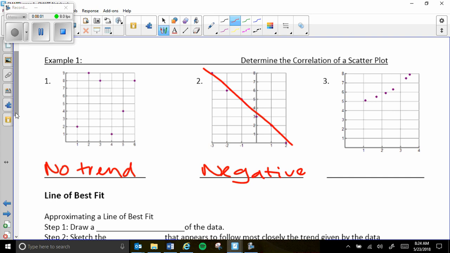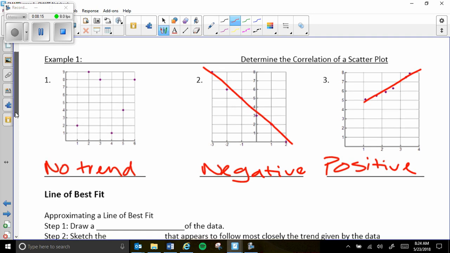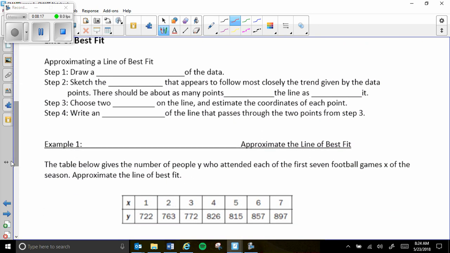And then looking at example 3, I have a positive correlation. If you have questions about scatter plots, please make sure you pause your video before moving on. Otherwise, we will go look at our next section, which is line of best fit.